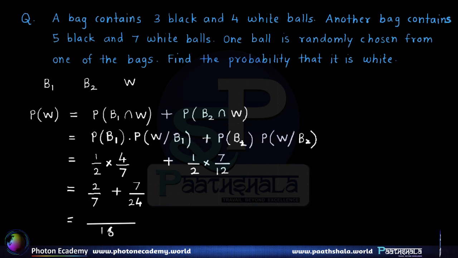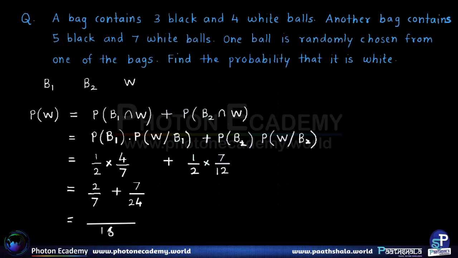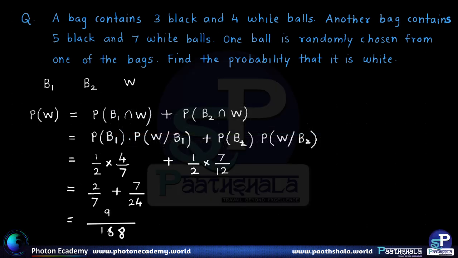And in the numerator we have cross multiplication of 2 and 24, which is 48, plus 7 into 7, which is 49. So 48 plus 49 will be equal to 97. So therefore the numerator is 97. So hence the required probability is 97 divided by 168.